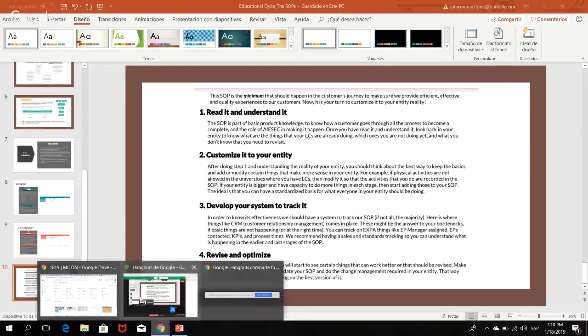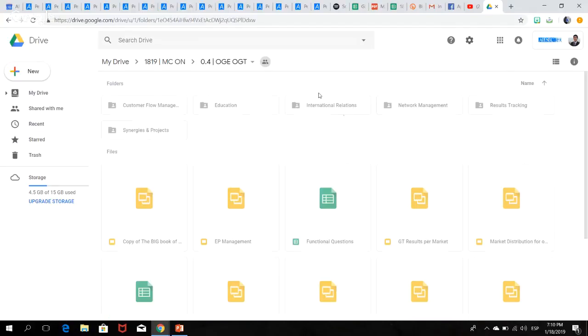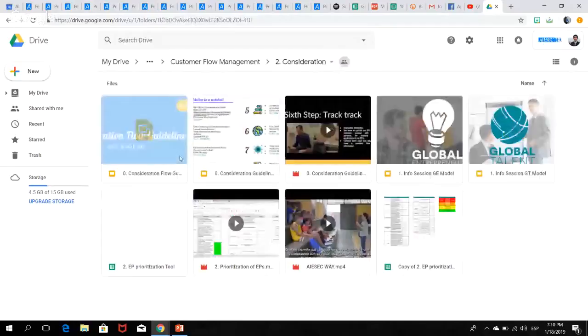In Spain, we for sure have SOPs. As you may know, we have more specific SOPs in the consideration and brand advocacy parts. In consideration, we have the consideration guideline that I really encourage you to check. We have the whole consideration guideline, and the consideration guideline in a nutshell.